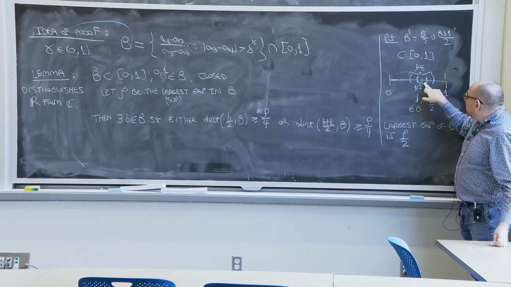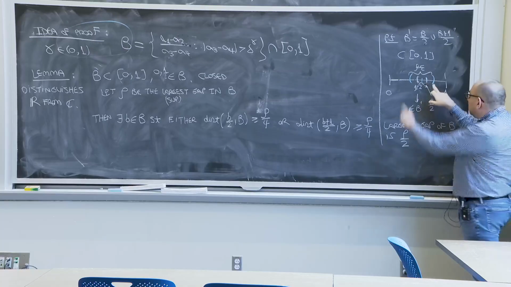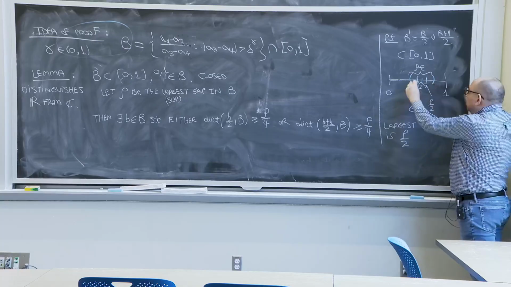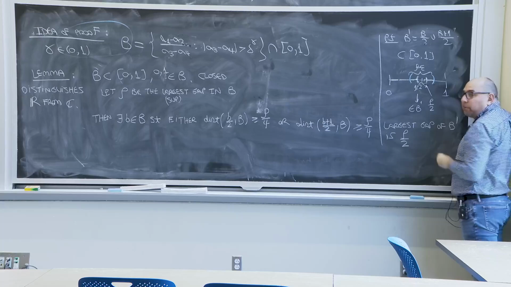But this point is a distance at least rho over 4 from B, because this gap is double the size. So even if the point was at one of the endpoints, so the point could be here, but even if it was at one of the endpoints, this is rho over 4, this is rho over 4.